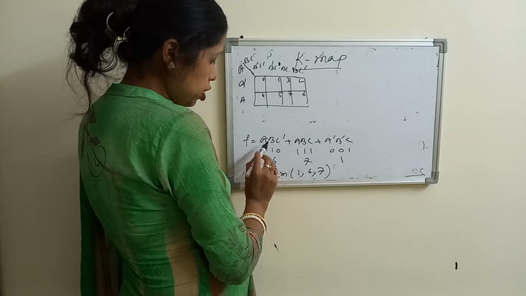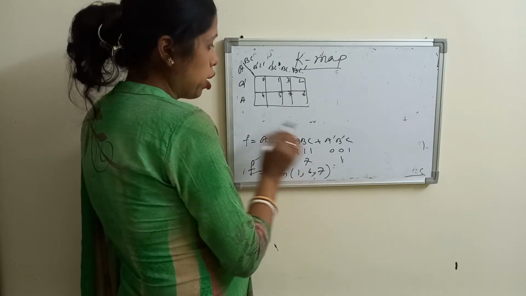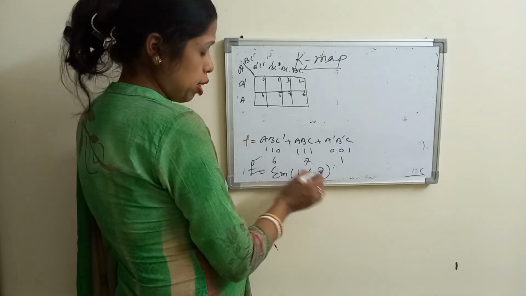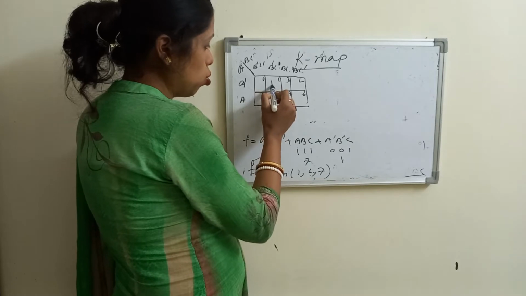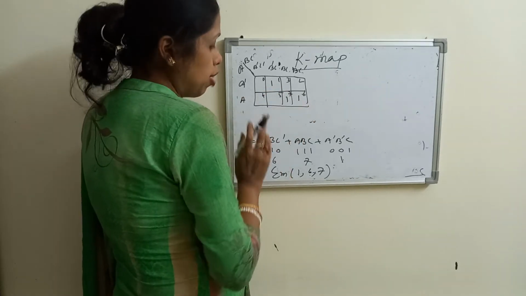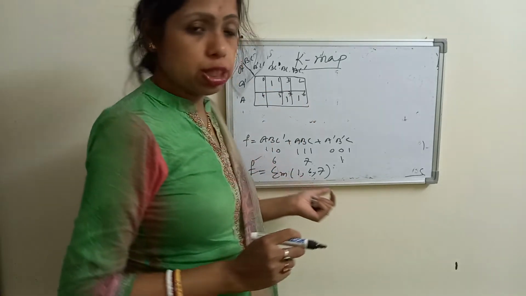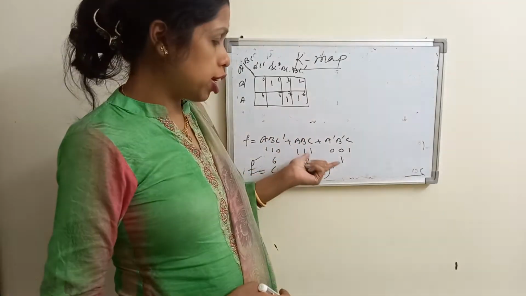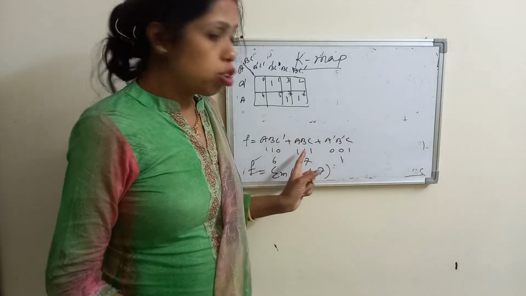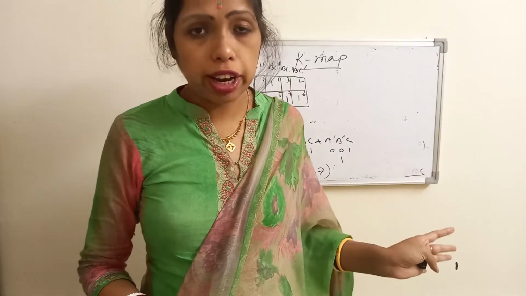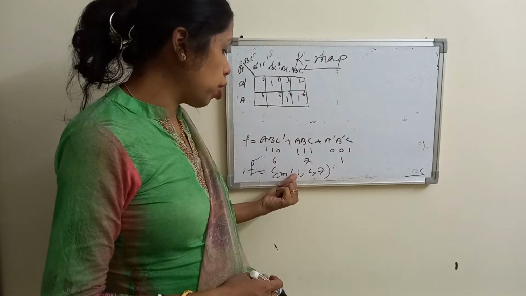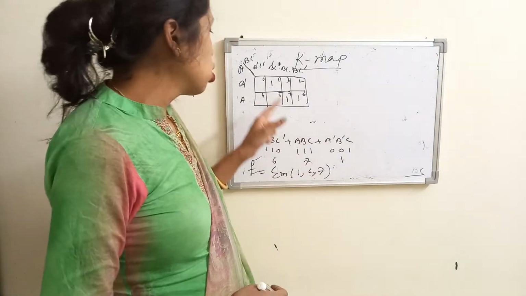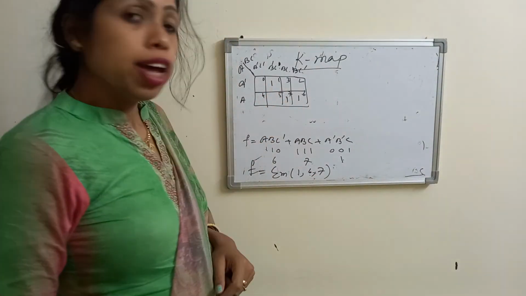Here you can see 6, 7, 1, or 1, 6, 7. That means I have to put logic 1 in those cells. This is the first procedure. If you have any expression either in minterms or as a logical expression, first you get the minterms from the logical expression. If minterms are given, then it is fine. From the minterms I understand that I have logic 1 in those cells, so I am putting logic 1 in those cells.